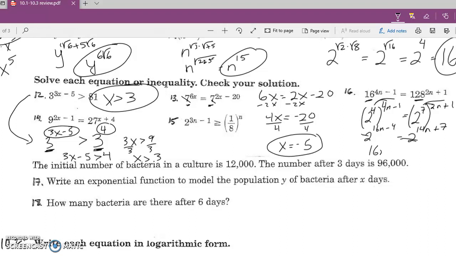So 16n minus 4 is equal to 14n plus 7. I subtract 14n from both sides, and I get 2n. I add 4, equals 11, so n would be 11 over 2.